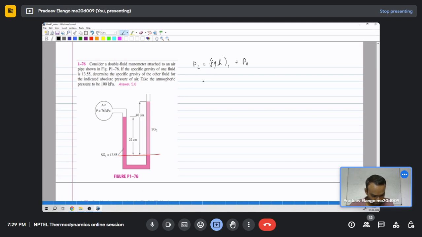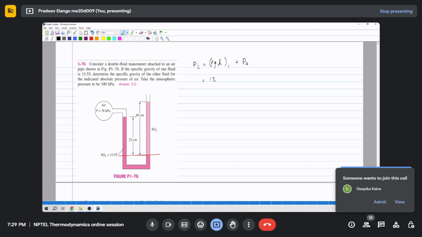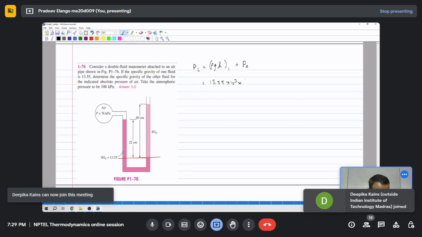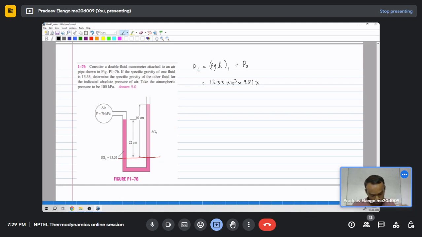So this rho gh is 13.55 into 10^3 into acceleration due to gravity 9.81 into height of this fluid 1, which is 22 centimeters, so in SI units it is 0.22, plus pressure of the air inside the container, which is 76 kilopascal. So writing SI units, we have 76 into 10^3. So you can calculate the pressure of the left limb.